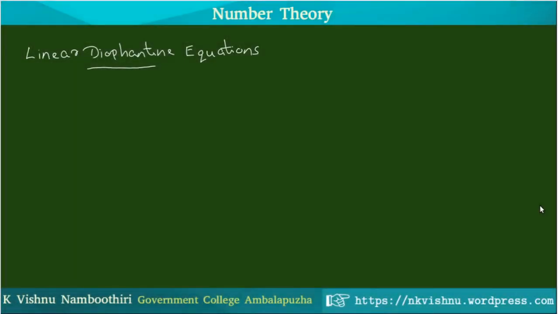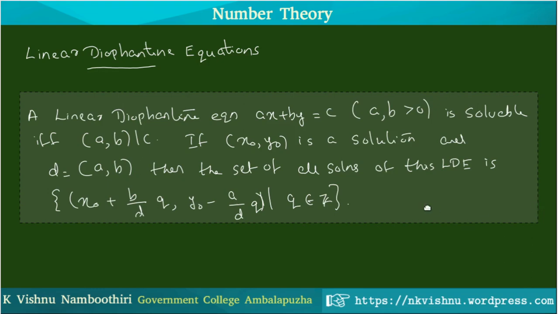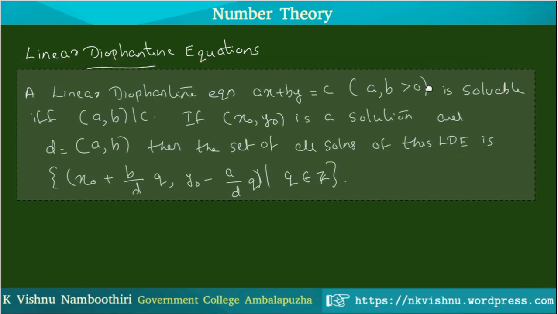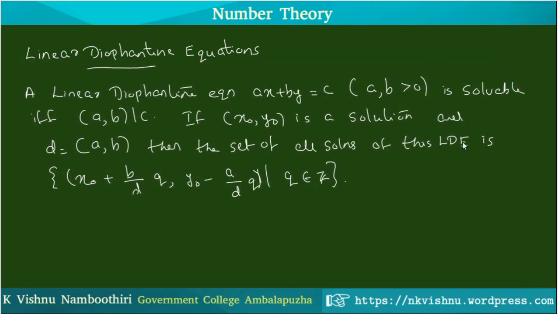Before going to see how Euler's method works for solving two variable linear Diophantine equations, we will quickly recall the important fact that we learned in the last two sessions. So the result we have is this: a linear Diophantine equation ax plus by is equal to c with ab greater than 0 is solvable if and only if GCD of a and b divides c.